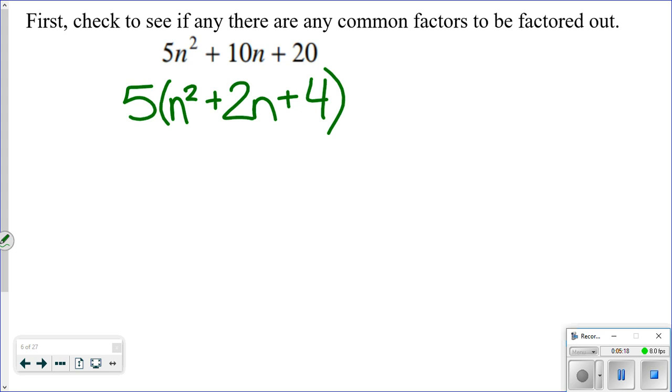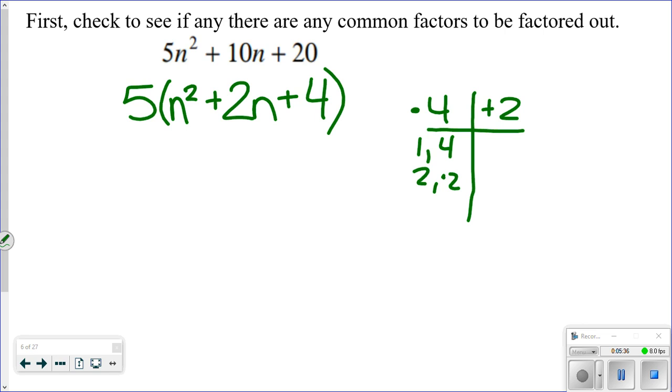So we're looking for numbers that multiply to get 4 and add to get 2. 1 and 4, 2 and 2. If we add these, we get 5. If we add these, we get 4.